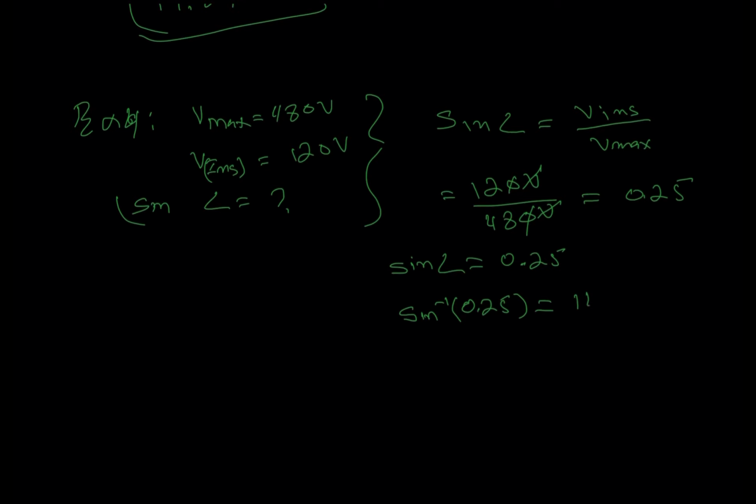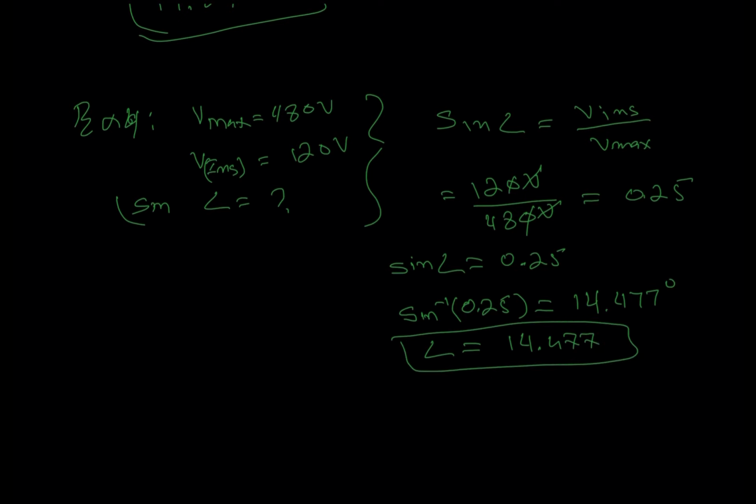It will give you the angle. But before you do that, check that your calculator is in degrees, because we are dealing with degrees right now, not radians. It'll be 14.477 degrees. So your angle of rotation is 14.477.